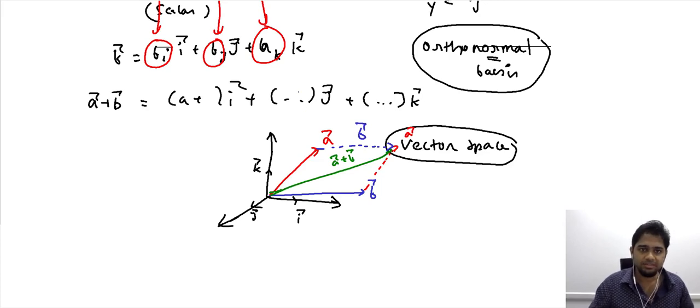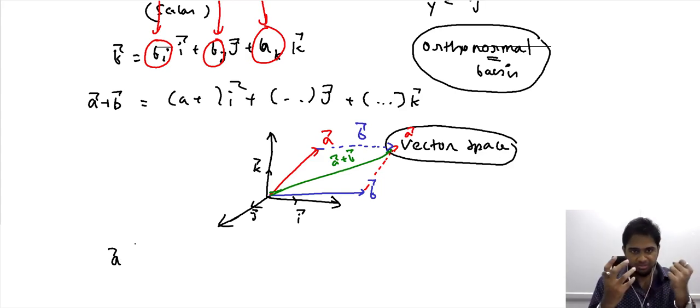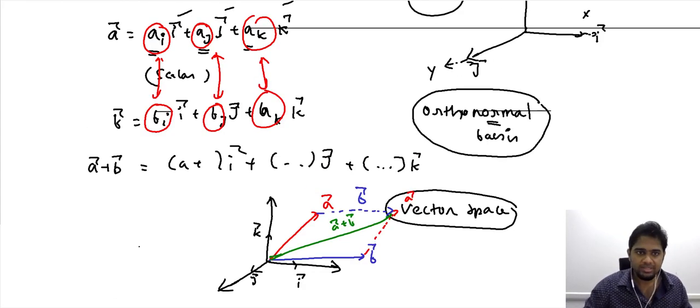Now when you consider the sum of the a and b vectors, we have different components associated with a given orthonormal basis. For a given orthonormal basis, when you consider 2 vectors, there are specific components associated with each. In case of the i basis, we have 2 components.